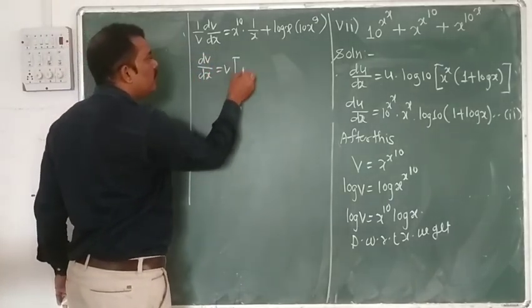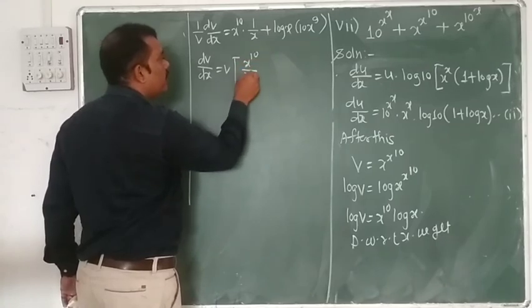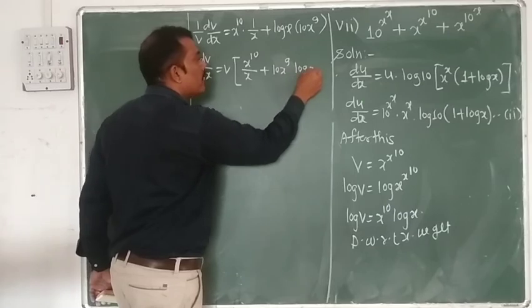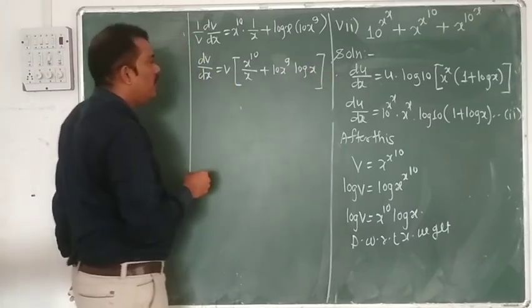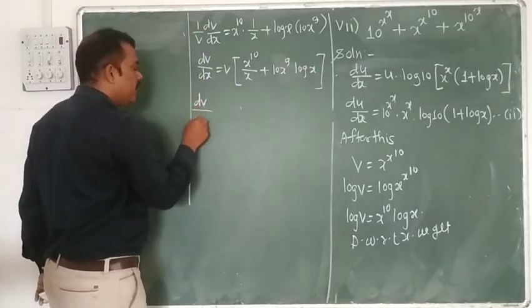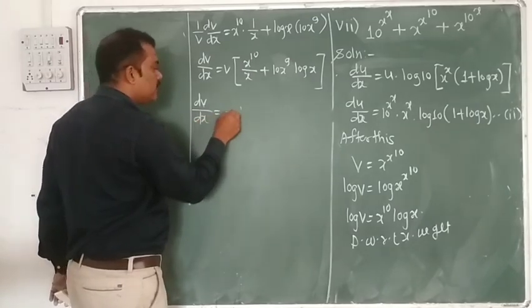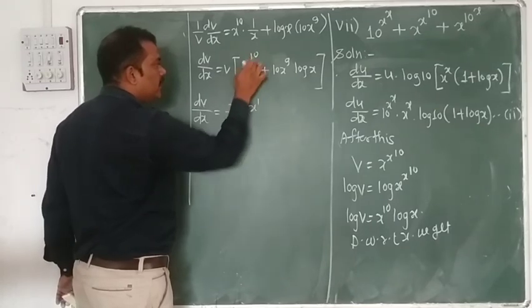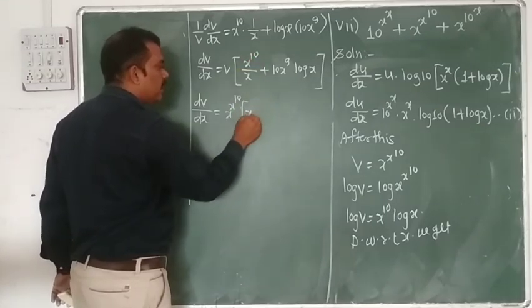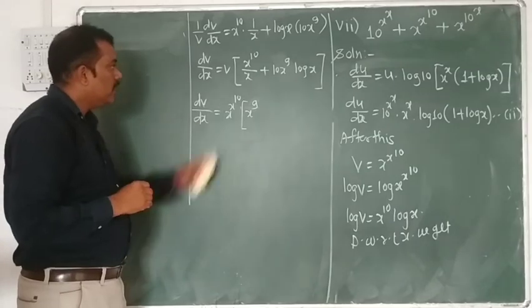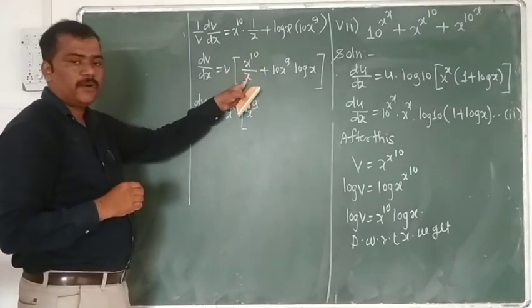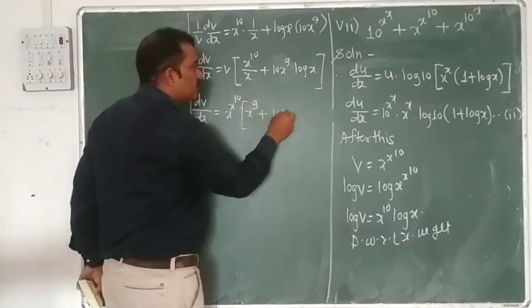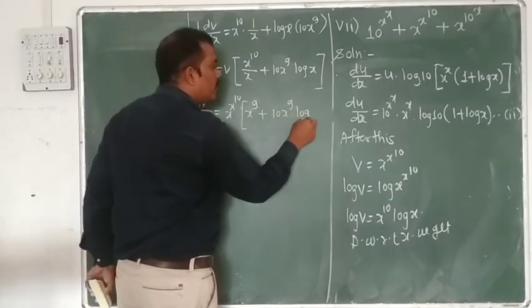is equal to v into x raised to 10 divided by x plus 10 times x raised to 9 into log of x. We have to substitute the value of v, that is dv by dx is equal to x raised to 10 into x raised to 10 divided by x, which is nothing but x raised to 9, plus 10 times x raised to 9 into log of x.